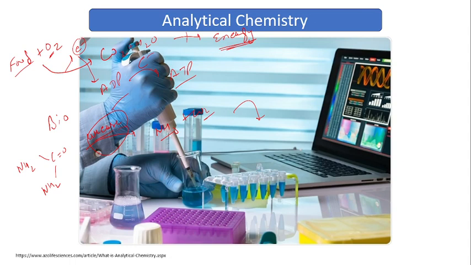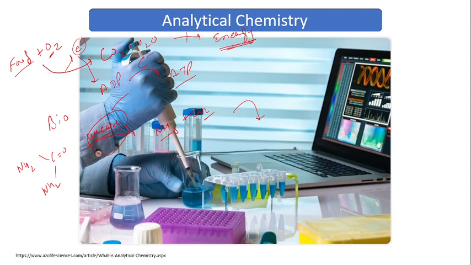Qualitative analysis uses a different process. If you want to analyze quantitatively, you need to be more sophisticated, because quantitatively means you need to be careful in each and every step. There should be no sample loss in any step of your analysis, otherwise you will not get a correct reading.